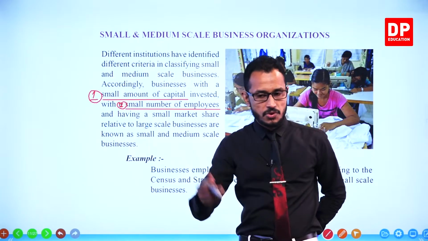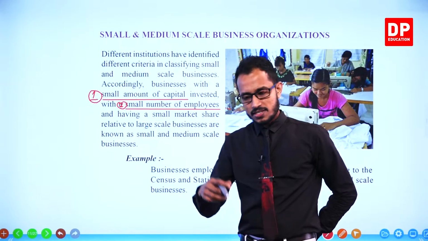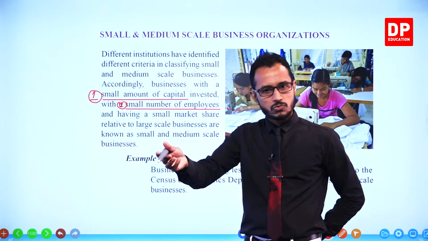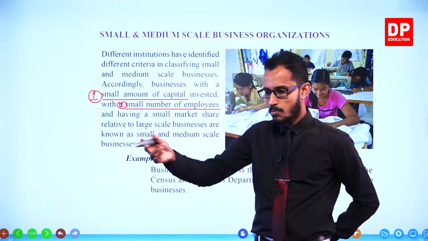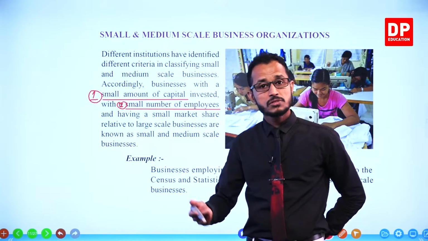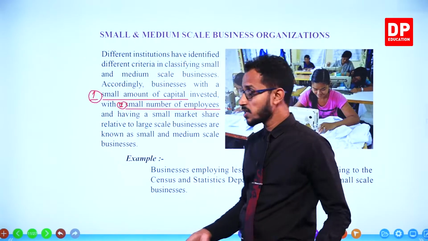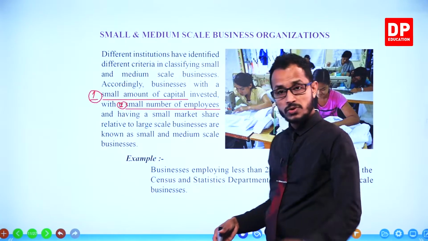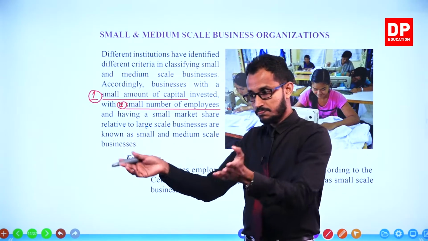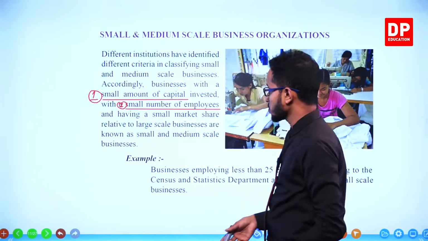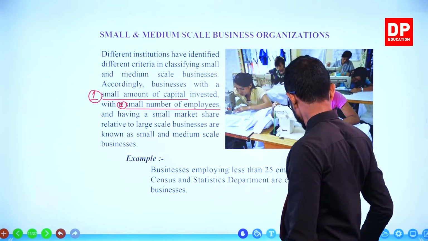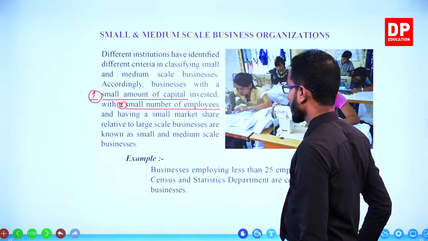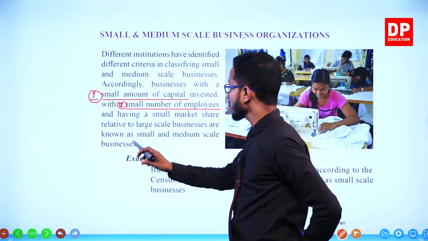You can consider the number of employees. Is there like 1 employee, or are there more employees? Hundreds, maybe thousands of employees. So you consider that and categorize the business organizations.